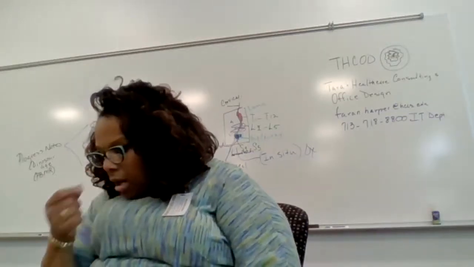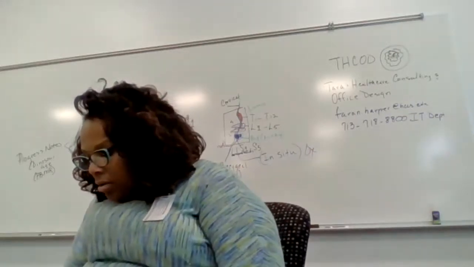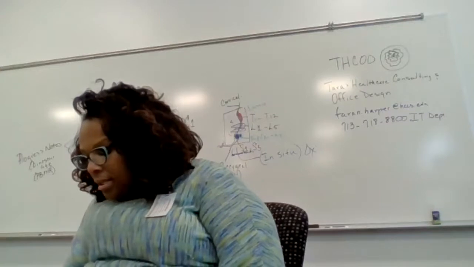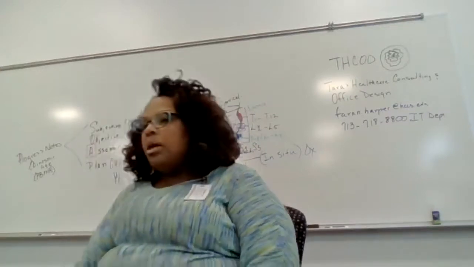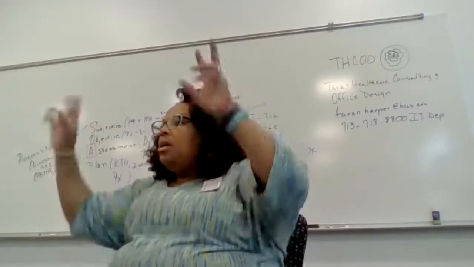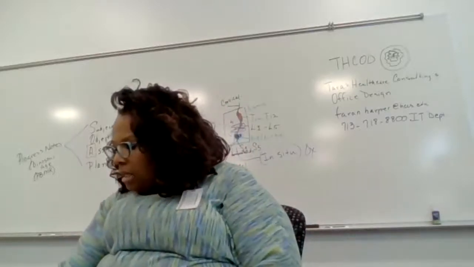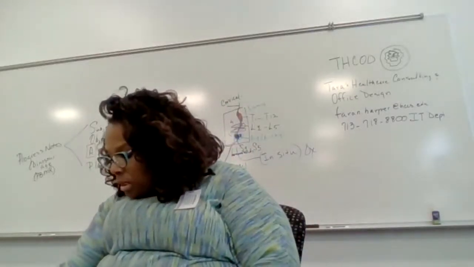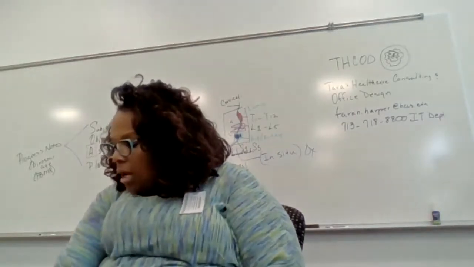Now, computed tomography and magnetic resonance imaging. Again, if you're going to be a medical biller encoder, you can be a medical biller encoder for the radiology department. You have to know all of these procedures and terms to understand what procedure took place, what type of diagnosis happened to the patient.